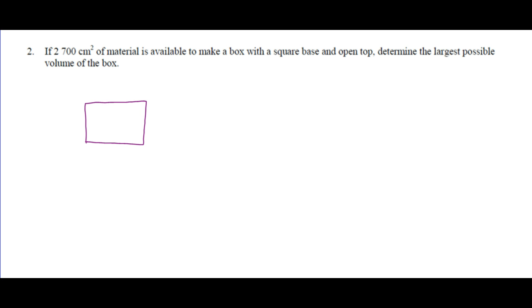And it's the base, so we will call it B, but then off of each base there is a little flap. And these guys will fold up and make the open-topped box. So we'll call this B, and we'll call this H.